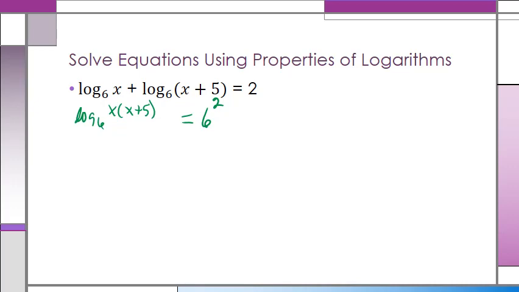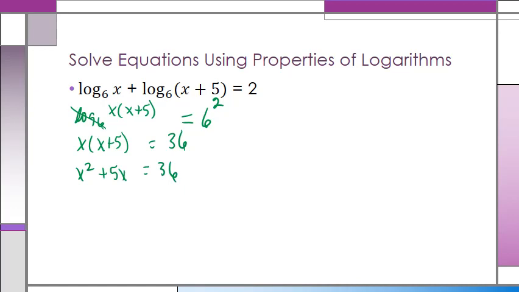Remember, logarithms and exponentials are inverses of each other. And so now we can cancel this log base 6, and we've got x times x plus 5 equals, well, let's see, 6 squared is 36. Now let's distribute the x to the x plus 5. That gives us x squared plus 5x equals 36.